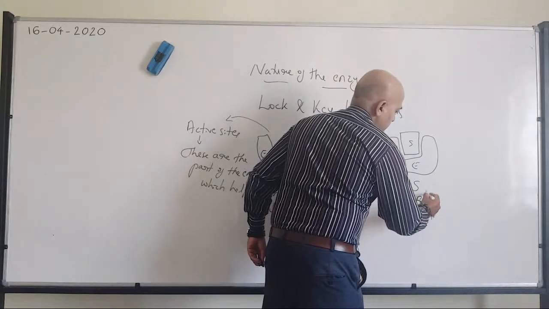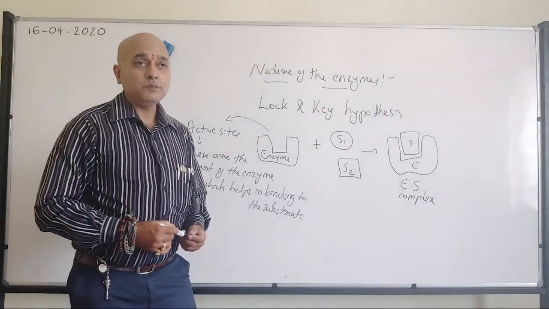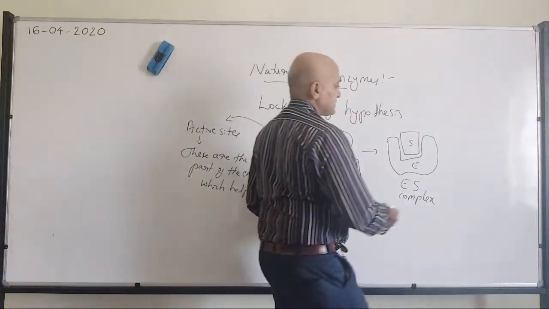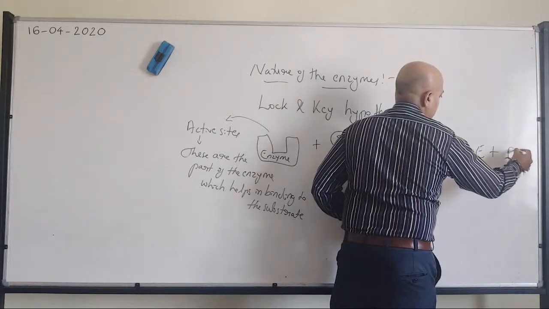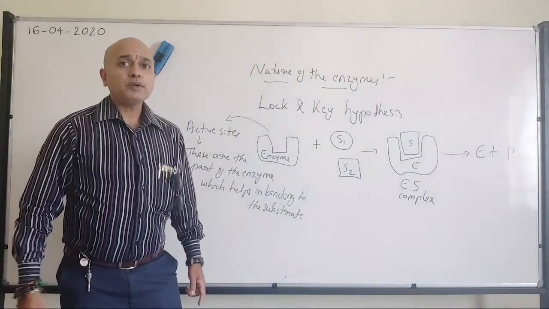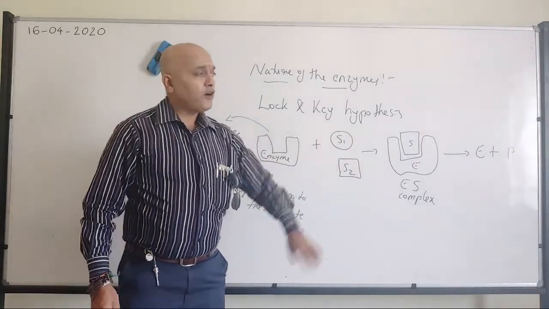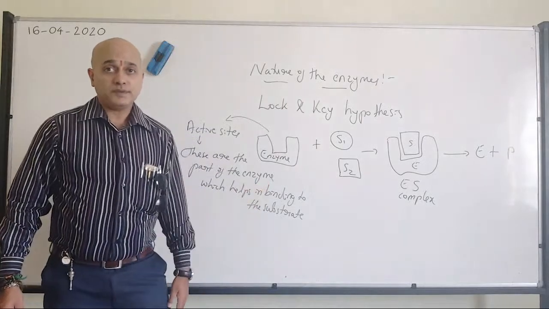What is the ES complex? Enzyme bound with the substrate, that is nothing but the ES complex, which is later converted into E plus P, where P is the product. For product formation to happen, the ES complex has to be formed.